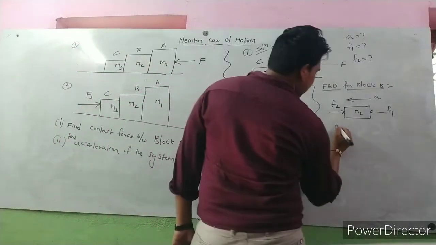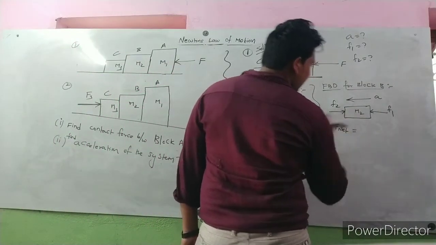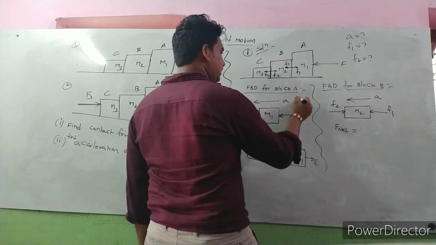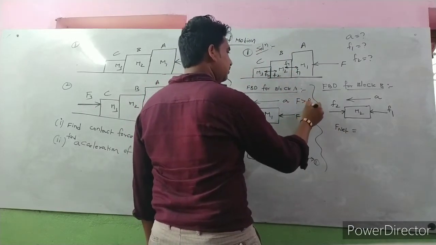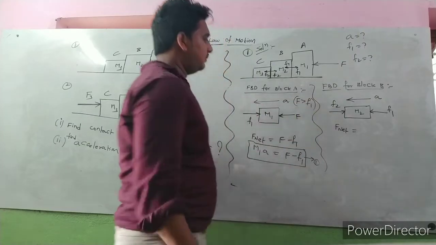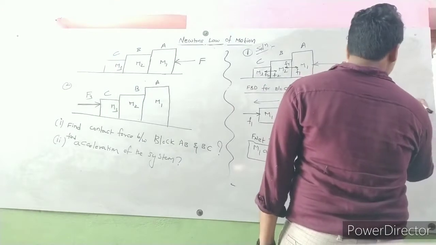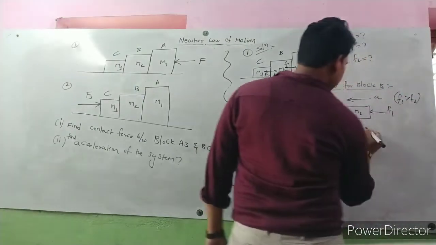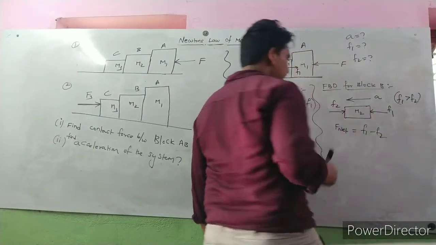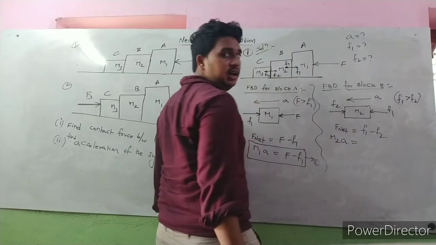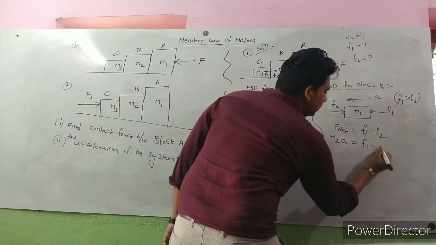From this, F net is equal to, which is greater here? In this case F1 is greater than F2. So F net is equal to F1 minus F2. According to Newton's second law, M2 into A is equal to F1 minus F2.